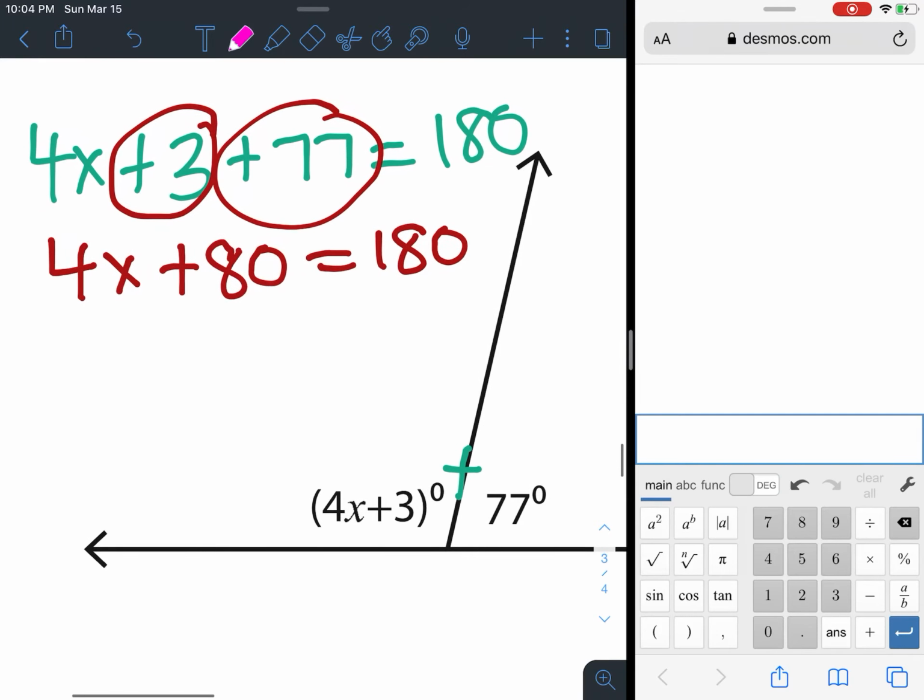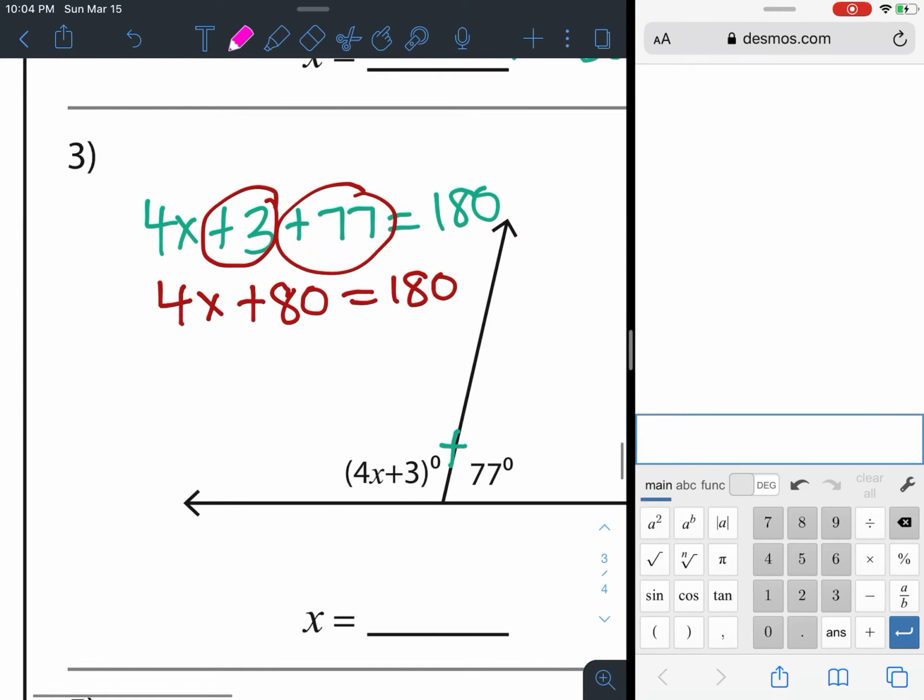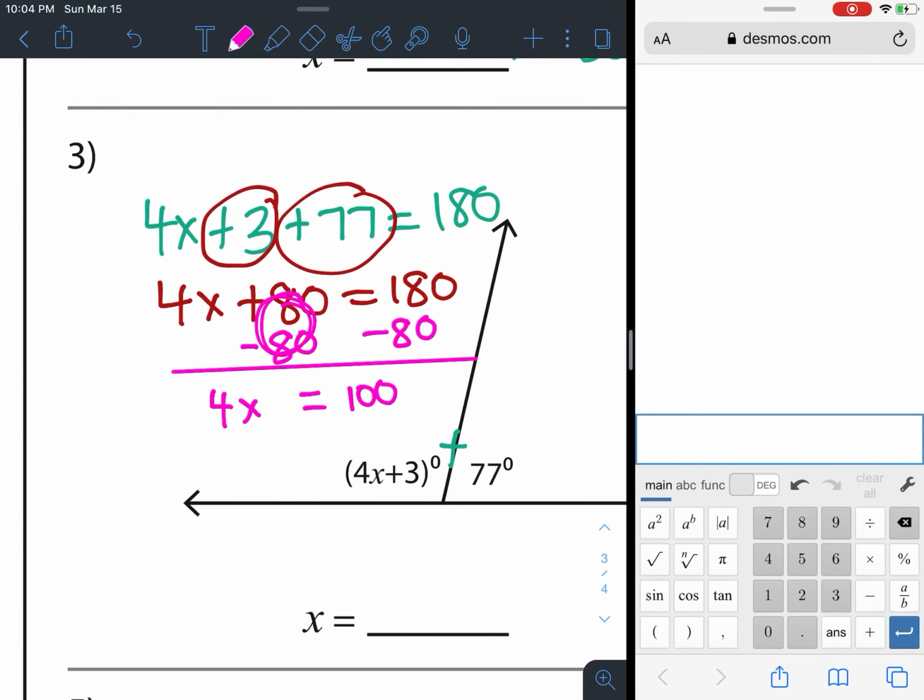So next, plus 80 is on the same side of x but not attached. So subtract 80 on both sides. So now we're left with 4x equals 100. Last step, divide by 4. So x is 25.